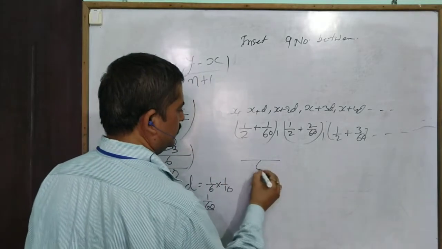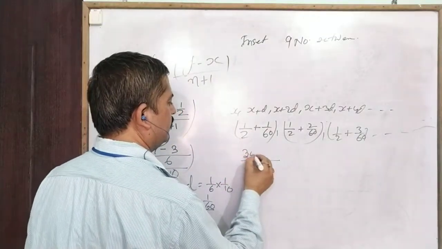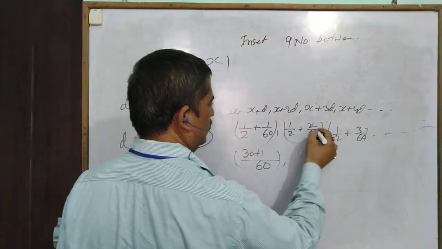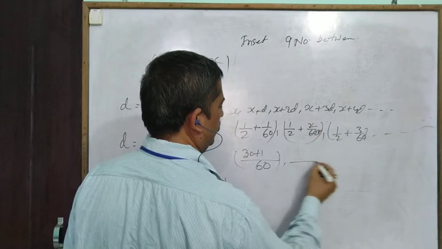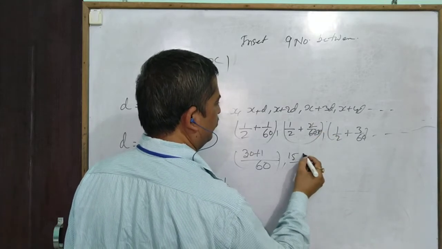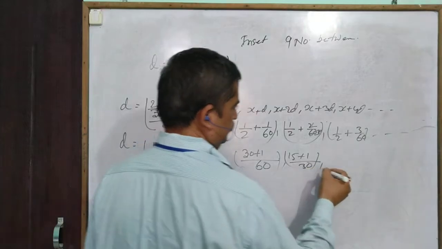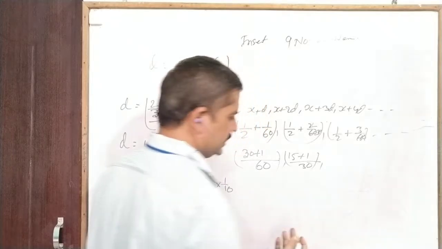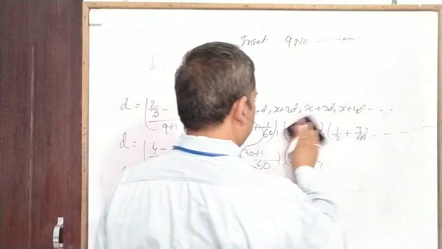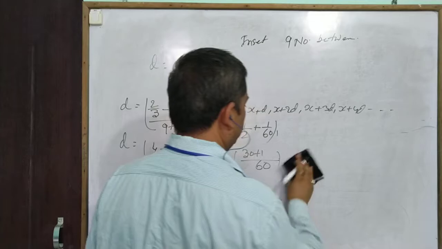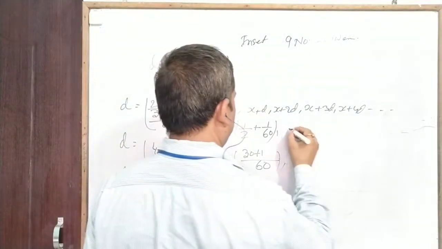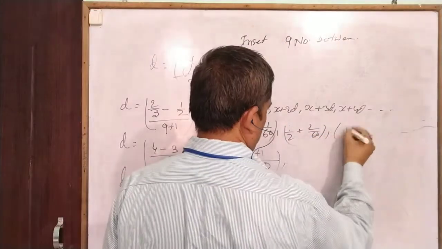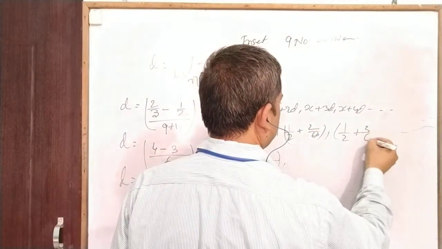So first check 60, 30 plus 1 is equal to, first 30, 15 plus 1. You may simplify or not simplify; I just first of all do not simplify. 1 by 2 plus 2 by 60, 1 by 2 plus 3 by 60.